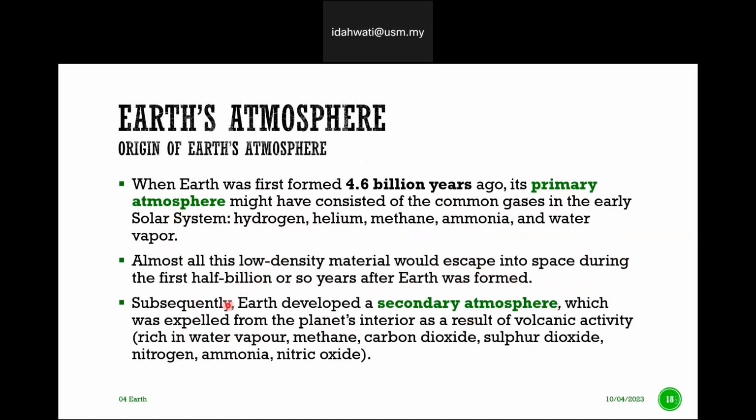Subsequently, the Earth developed a secondary atmosphere, which was expelled from the planet's interior as a result of volcanic activity. This volcanic activity was rich in water vapor, methane, carbon dioxide, sulfur dioxide, nitrogen, ammonia, and nitric oxide.